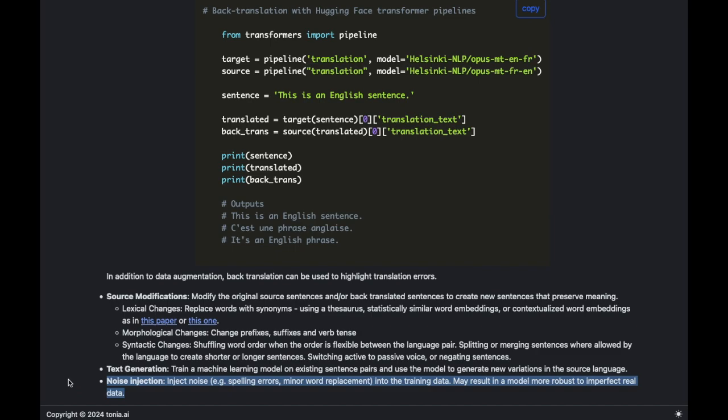If you inject noise into your input data set, you can keep the original data, the non-noisy data, but then add to it some data where noise has been injected in the form of, for example, spelling errors or some minor word replacements, where a human speaker may use the wrong word, but you can still tell that the sentence has roughly the same meaning.